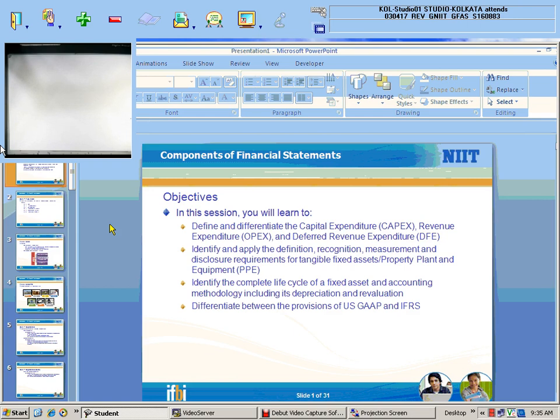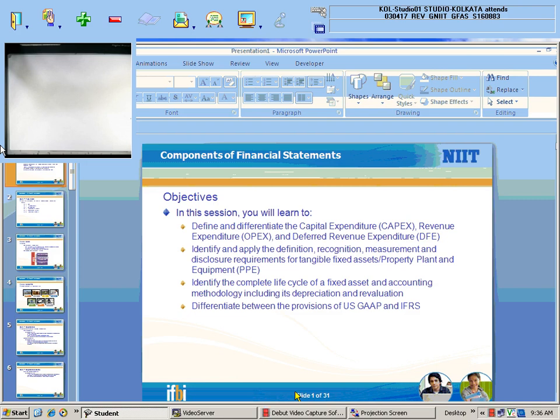In short, we will learn how to identify and apply the definition, recognition, measurement and disclosure requirements for tangible fixed assets, property, plant and equipment, etc. We will also learn to identify the complete life cycle of a fixed asset and the accounting methodology, including unit depreciation and revaluation.